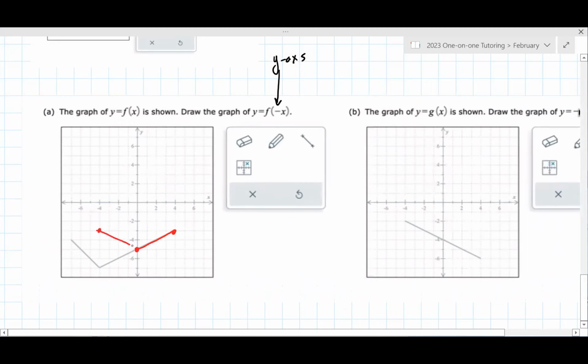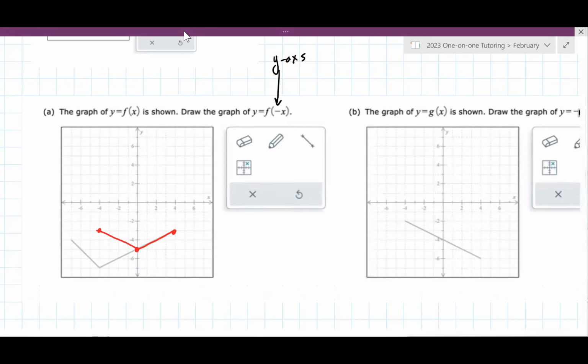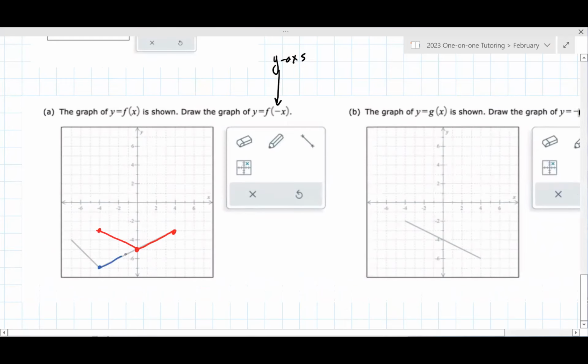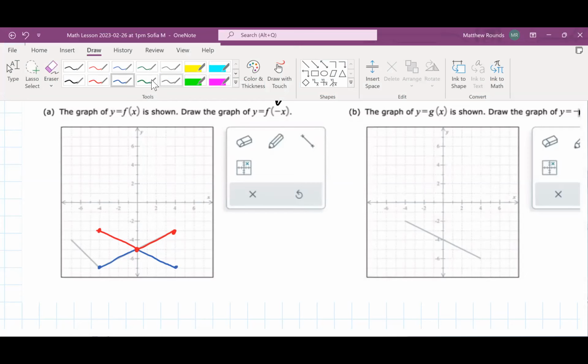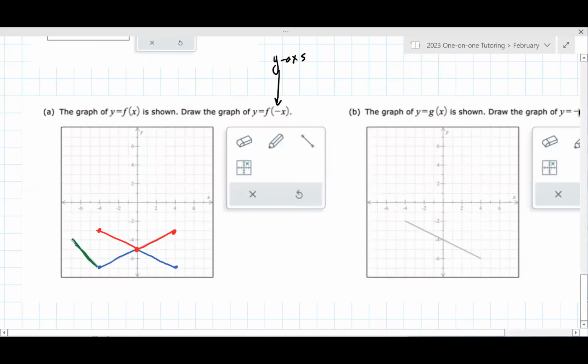Okay. And then the blue is kind of the same deal, it's going to be right there. And then the green, hopefully it's not too many colors here, is -7. Oh, so it's just flipping it over the y-axis. Yes.